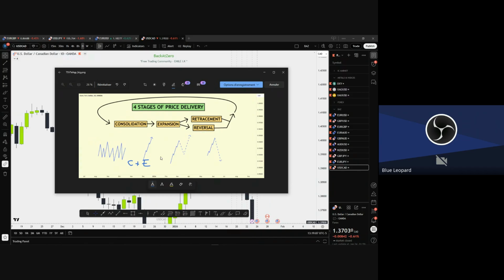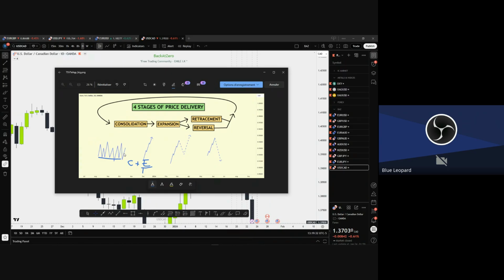Okay? Second thing you should notice here, I'm going to put below the E, there is no expansion without manipulation. So the manipulation can occur after the consolidation or during the consolidation. It means price can be consolidating and then manipulate during the consolidation, and then it will expand later.